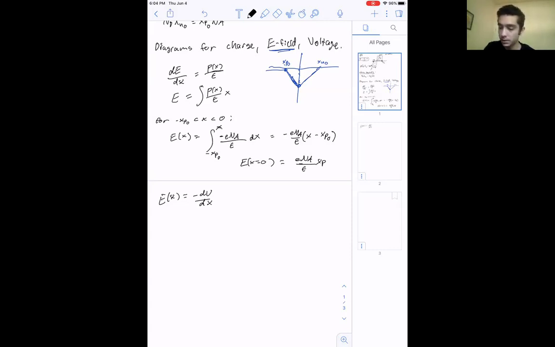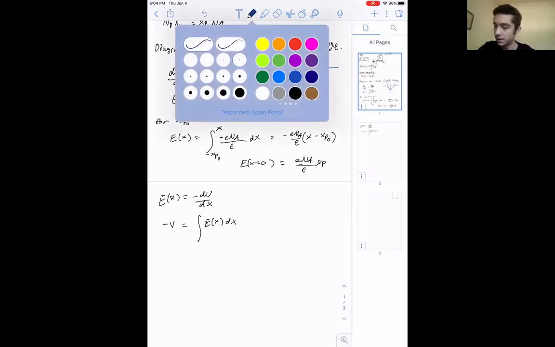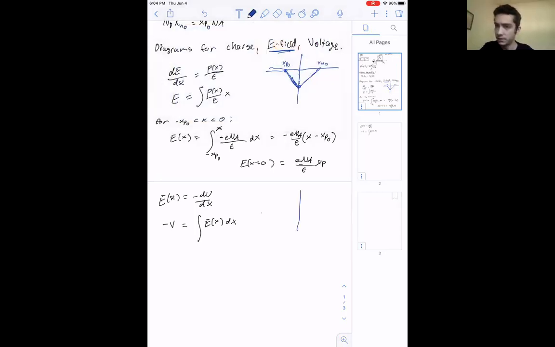So it's this, and then you're going to integrate. I'm going to do what I did earlier and just plot it qualitatively. And so that should be okay.